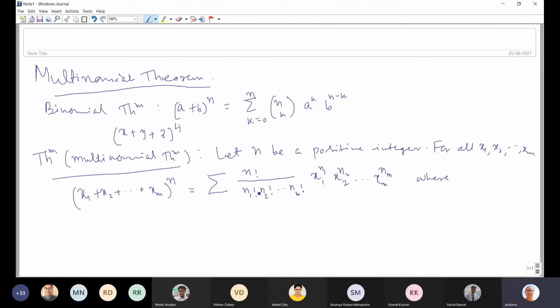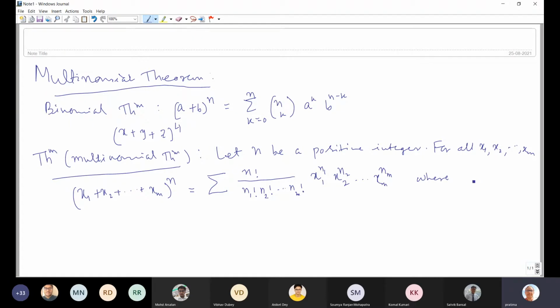Now this sum is over what? In the binomial theorem, the summation is taken from k equal to 0 to n. Here the summation will be over all the non-negative integral solutions n1, n2 to nm. Let me write this and then I'll explain.